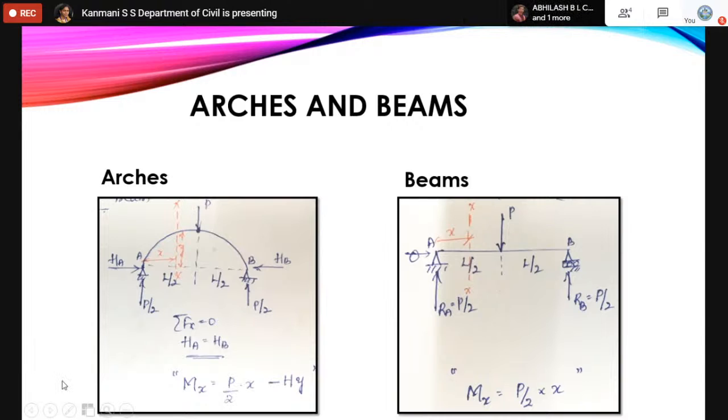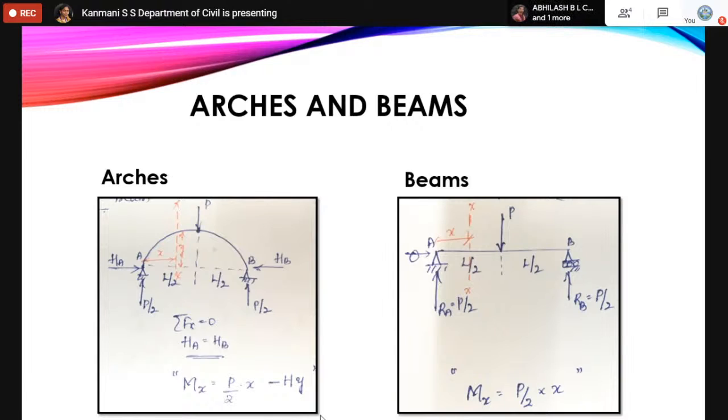Left side of the section anti-clockwise is negative, so minus HA into the distance, I'll call this Y, HA into Y. The P by 2 into X is the beam moment. Arch moment is always lesser than beam moment. Beam moment minus HY, where HY is called the hogging moment of an arch created by horizontal thrust. This hogging moment of the arch tries to reduce the moment coming on the structure.